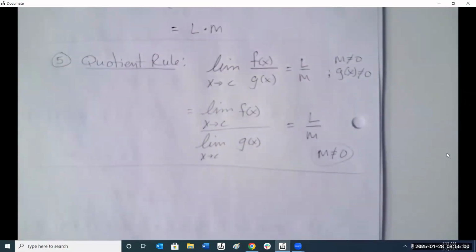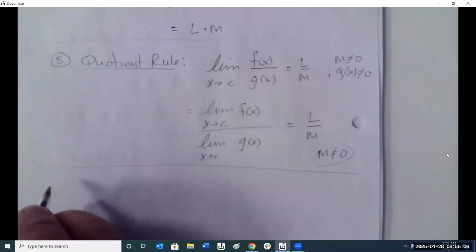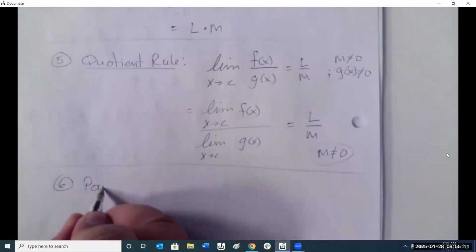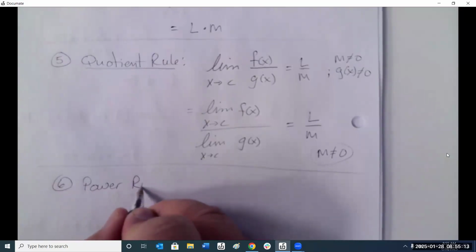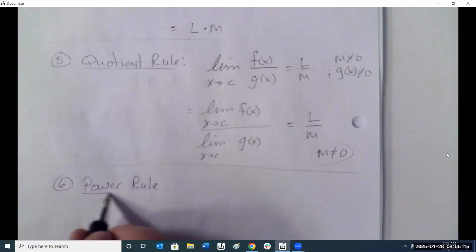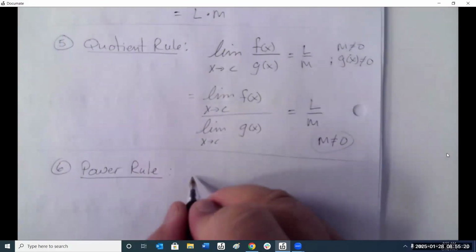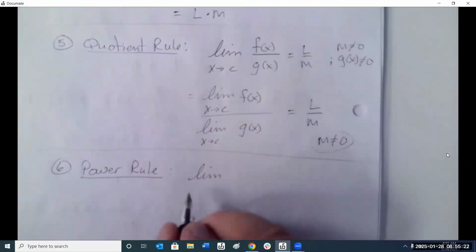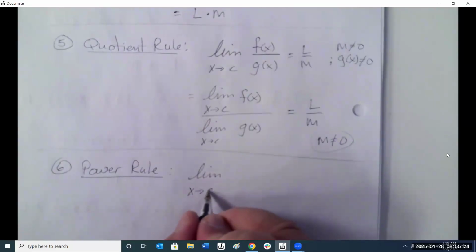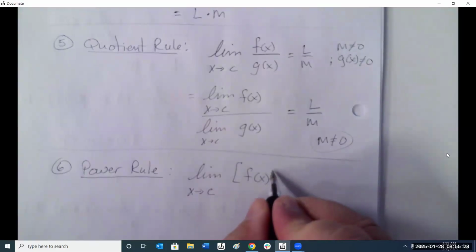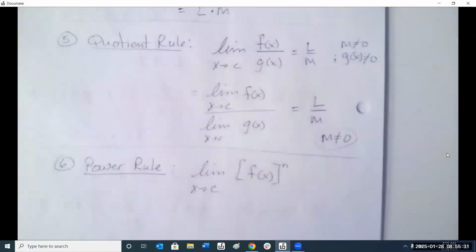So what this says is we can pretty much distribute that limit function to any part of the equation we want to. It also works with exponents. The limit as x approaches c of your function raised to a power.